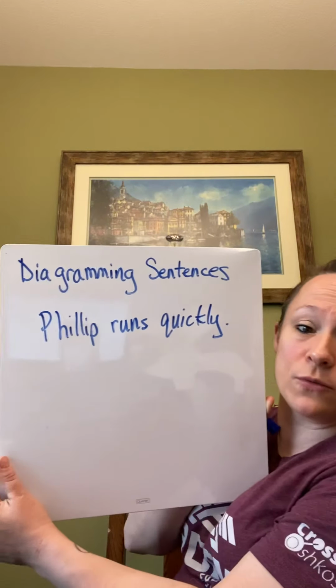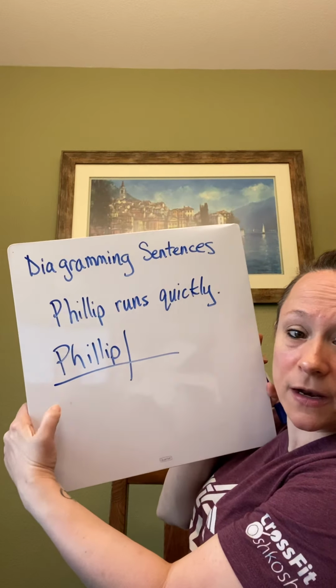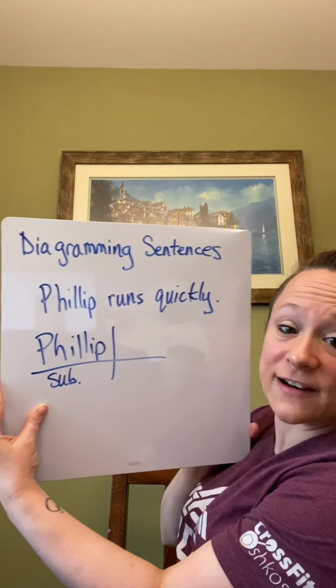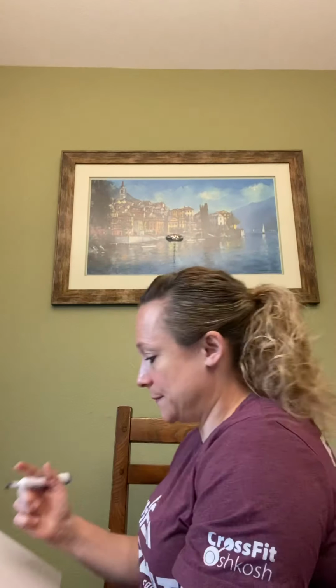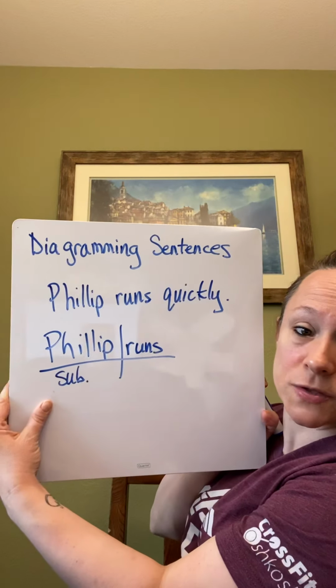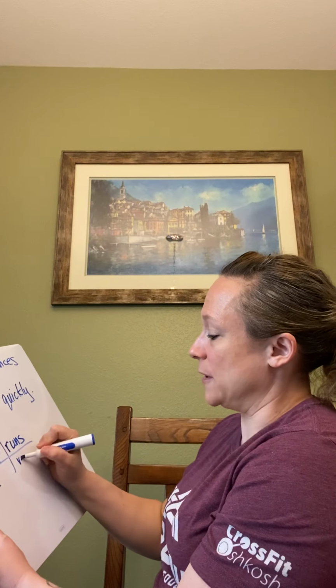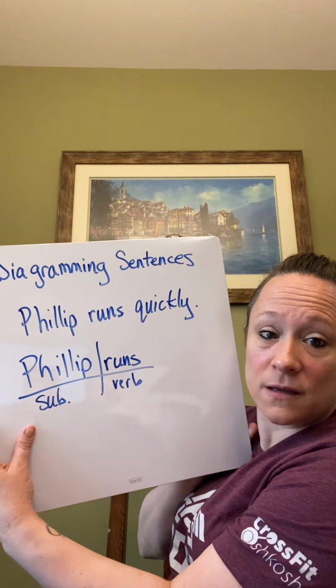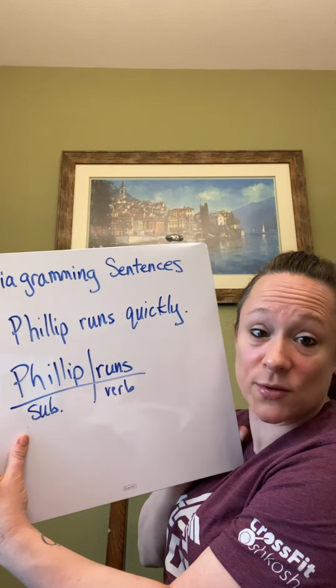So Philip runs quickly. Our subject is Philip. Remember how we do that? Underneath I'm going to write subject here. Our action word or verb is runs. So I added that in and I put verb underneath. And then quickly is telling us how he runs. So that is our adverb.